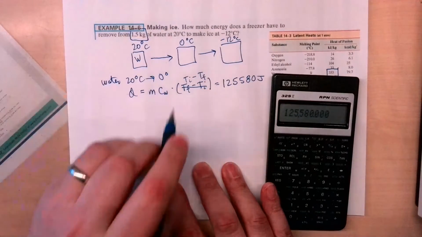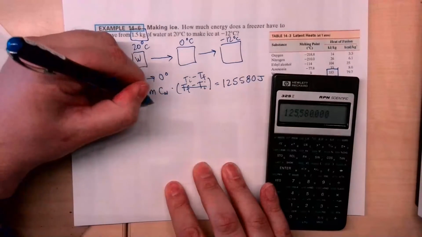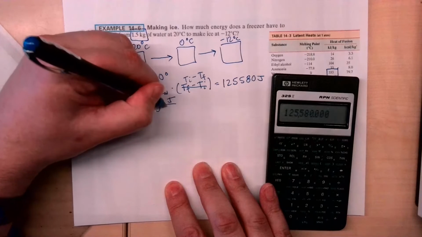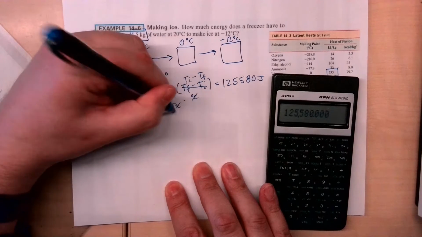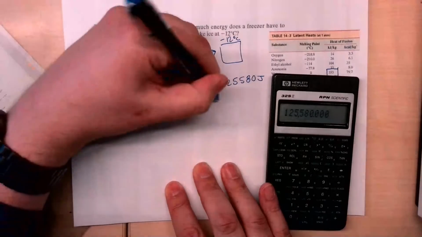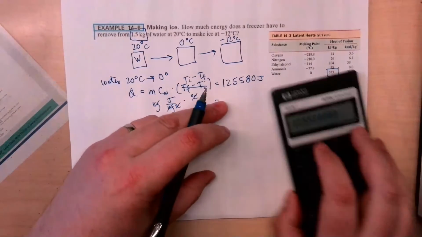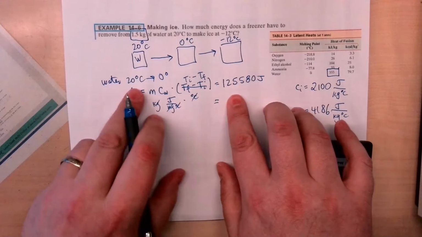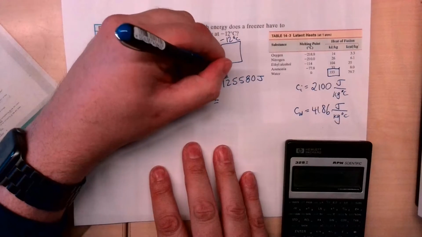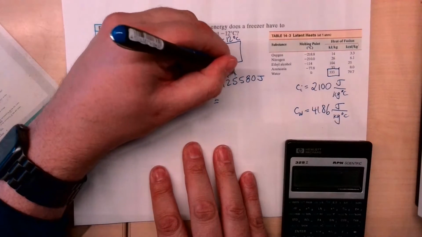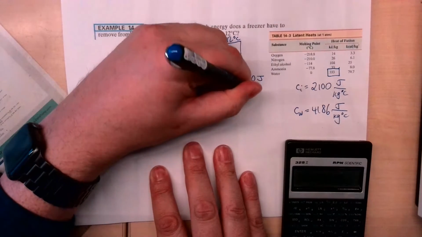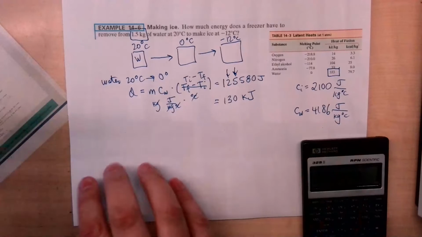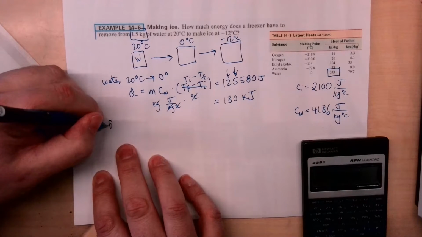The units: this is in kilograms, this is joules per kilogram degrees C, and this is degrees C. So degrees C cancels kilograms, so we get joules, and we definitely don't get 6 sig figs. So let's say we get 2 sig figs. This is a 5 or greater, yes it is. So we're going to go 130 kilojoules.